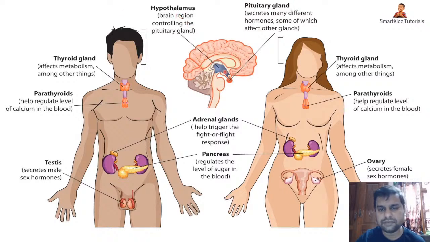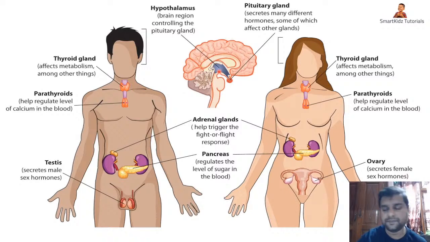Then you have the hypothalamus region, which is over here, a brain region which controls the pituitary gland. So directly by itself, it does not secrete that hormone, but the hormone is secreted by the pituitary gland. The hypothalamus is also the region which maintains the temperature, or increases the temperature, you may say, when we are suffering from an infection, to kill off the foreign invader or the unwanted microorganism that has infected us.